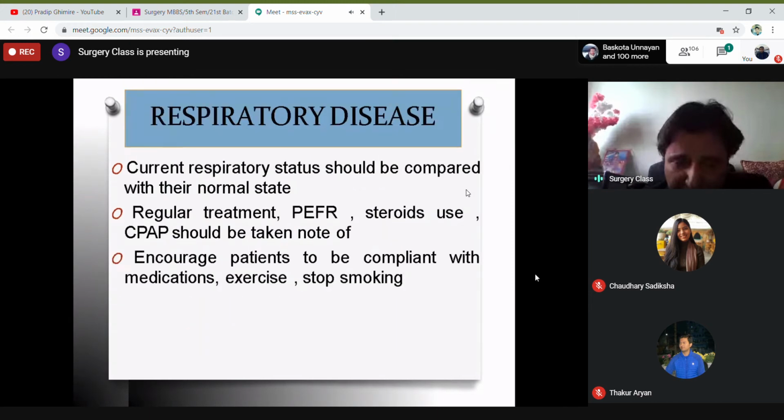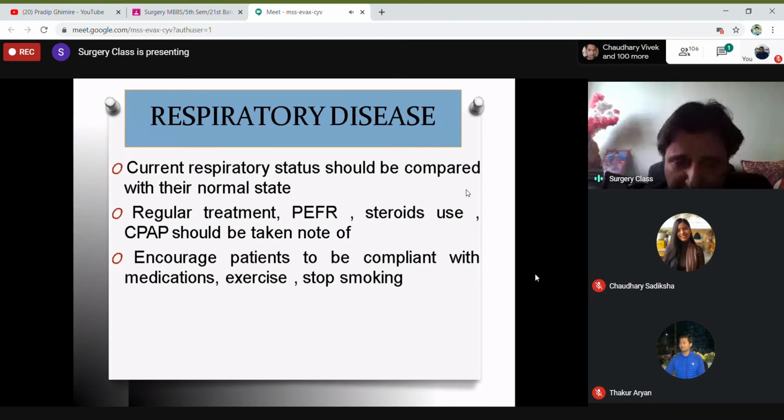So respiratory disease, current respiratory status should be compared with the normal state. Whenever you think of chronic obstructive pulmonary disease, or a history of tuberculosis where the lungs have been fibrosed, or a history of some intervention to the chest because of trauma, in those sort of patients his or her pulmonary function can be less than normal.